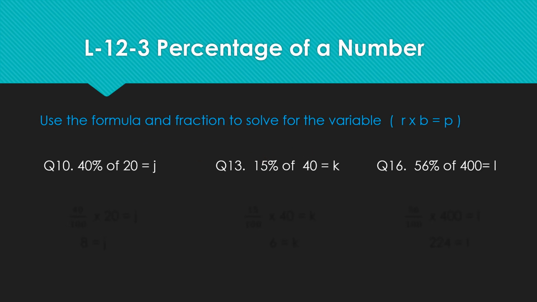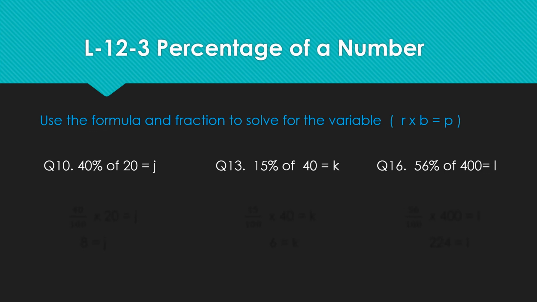Again, this is the same type of question, but here use the formula and fraction to solve the variable. What is the fraction of 40%? 40 by 100. What is the fraction of 15%? 15 by 100. And what is the fraction of 56%?